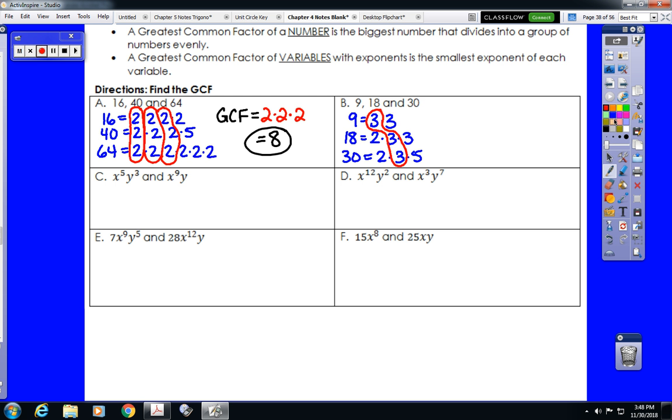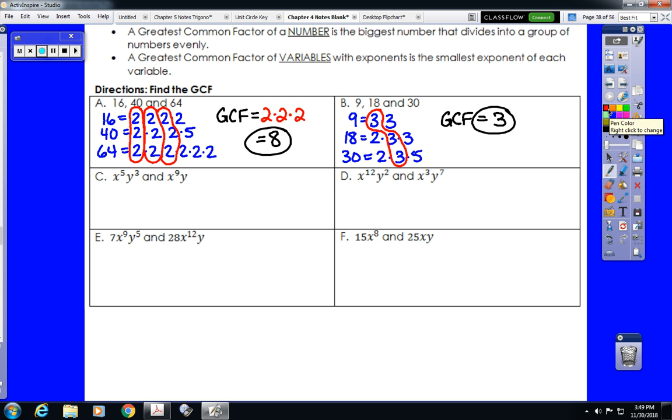We can't take a 2 because 9 is not divisible by 2. There's no 2 in the 9 list. We can't take another 3 because 30 only has one 3, so they can't take a second one. And we can't use 5 because neither 9 or 18 is divisible by 5. So our GCF would simply be 3.